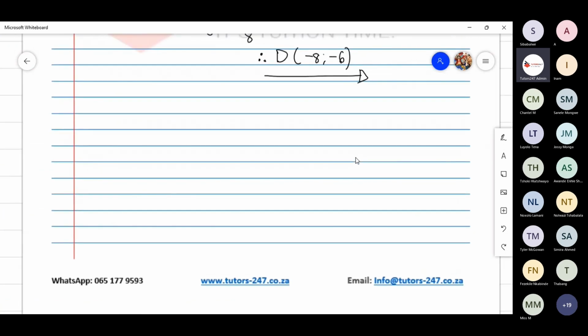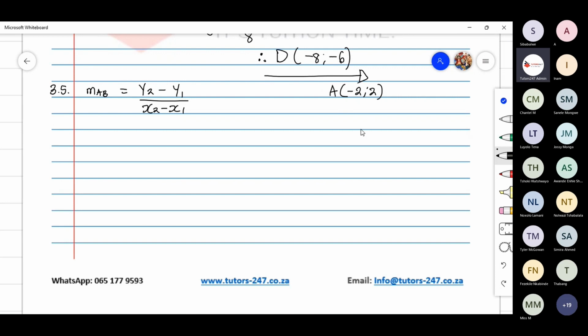And this is question 3.5. So we need to find the gradient of AB equal to y2 minus y1 over x2 minus x1. Now the coordinates of A are -2 and 2.